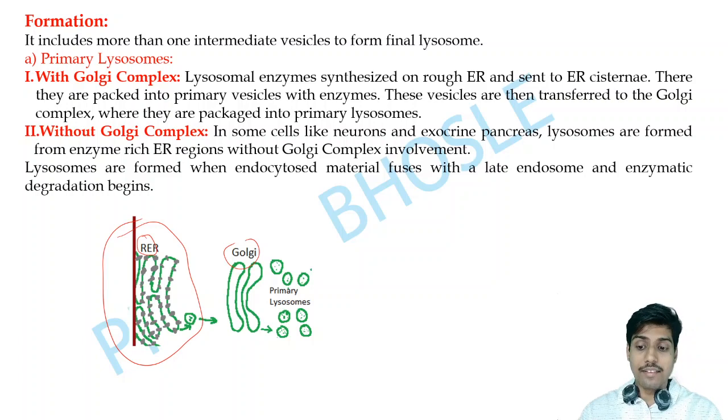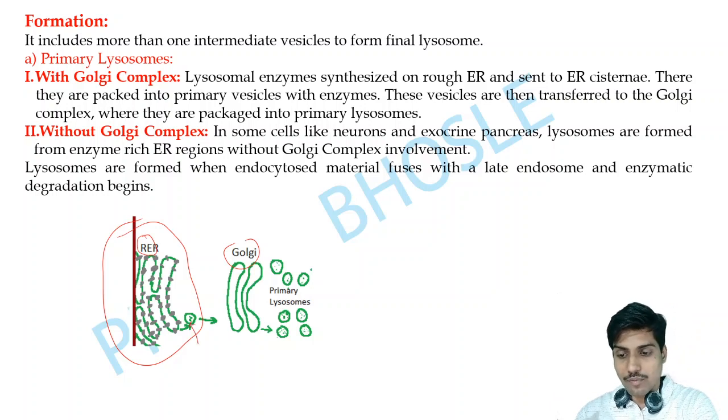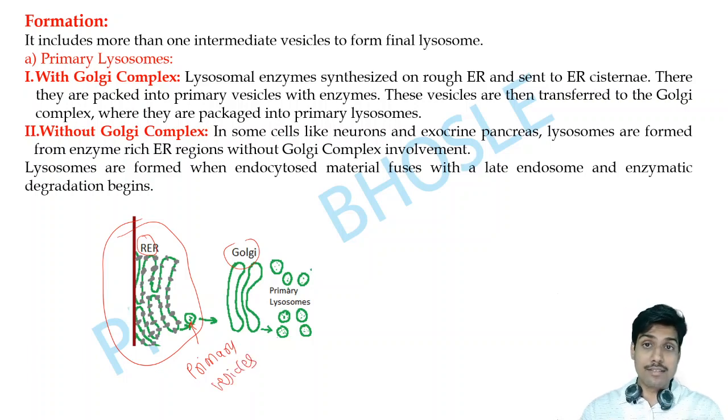The cisternae break off from the rough endoplasmic reticulum and are transferred to the Golgi bodies for further processing. These are what are called the primary vesicles, which have the enzymes required for lysosomal activity.